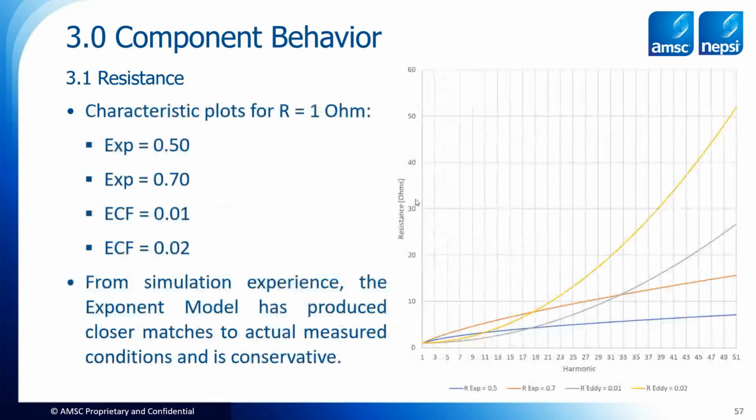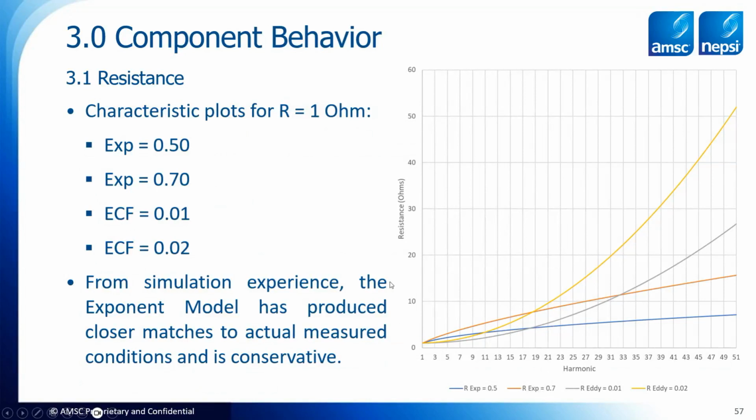Now, if you look at these plotted, for 1 ohm of resistance, if we have an EXP of 0.5 and 0.7, that's this gray and yellow line. So excuse me, I'm in error there. It is the blue and the orange line. So EXP 0.5 is blue, 0.7 is orange. So you can see the resistance will go up faster as you increase the exponent.